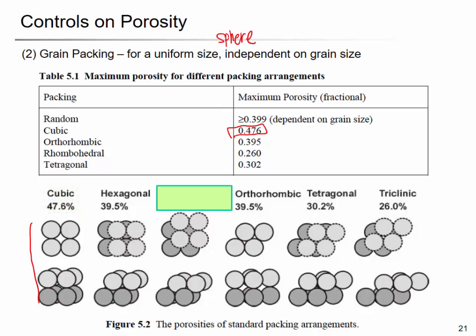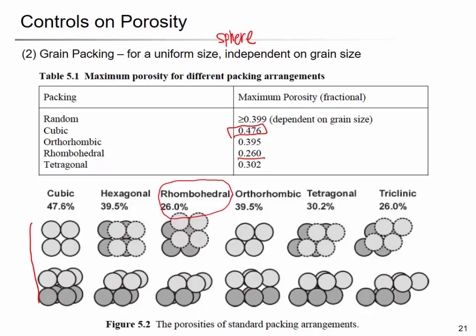And the smallest one is what? Which one is it? Rhombohedral, right? Rhombohedral is this one. And the random packing lower limit is about 0.4, the 40%.